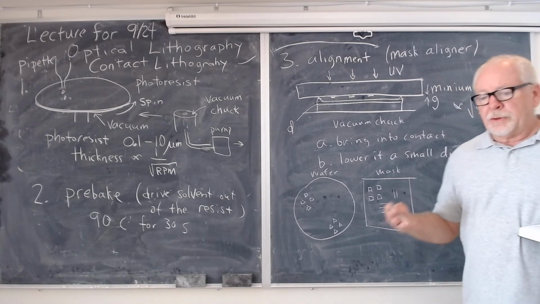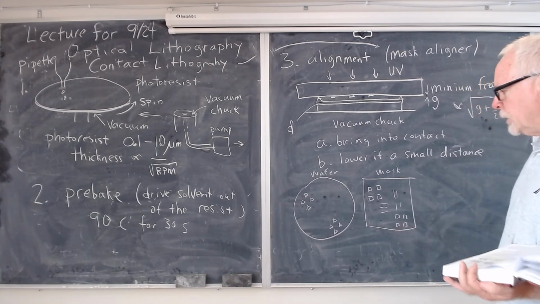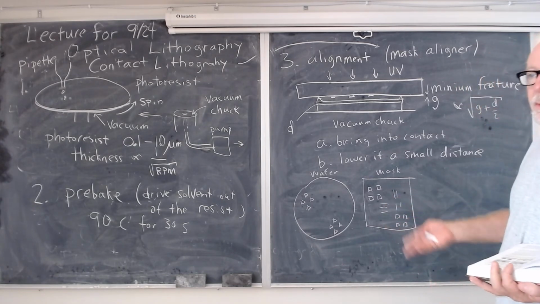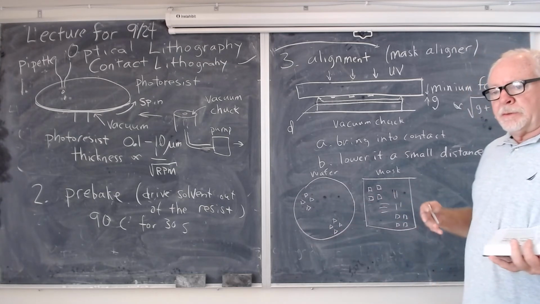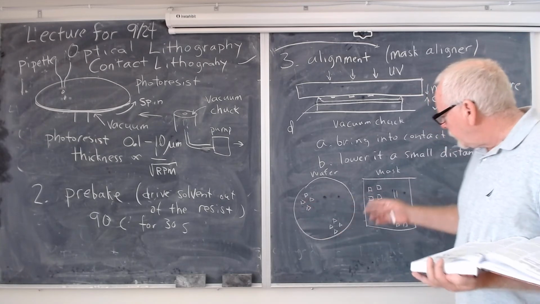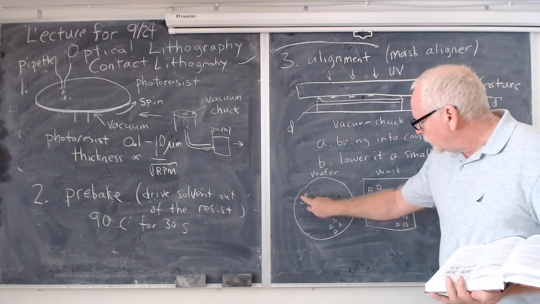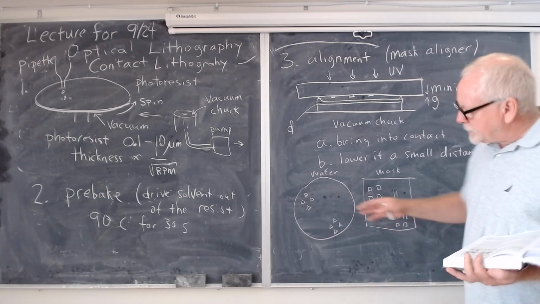There are things called verniers, which are basically a set of lines in either direction and things like that. There's a whole art form as to how to make your alignment marks that result in two things. You can think, okay, if these are my alignment marks, meaning those squares are supposed to go outside of those, well, that's kind of easy.